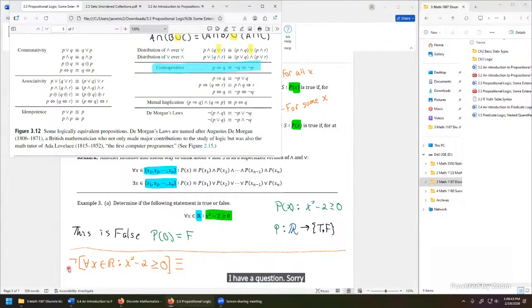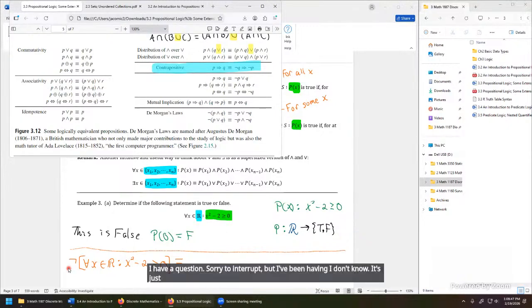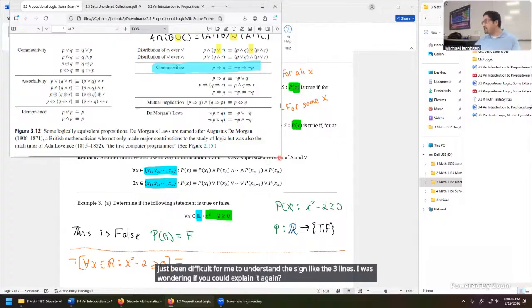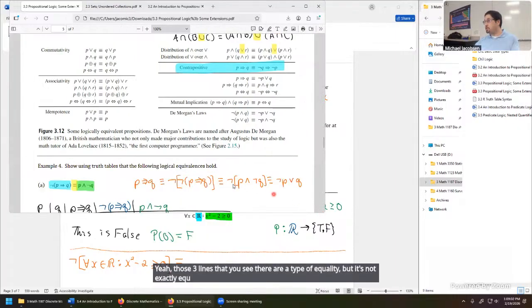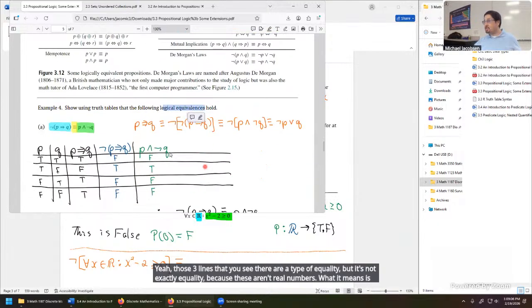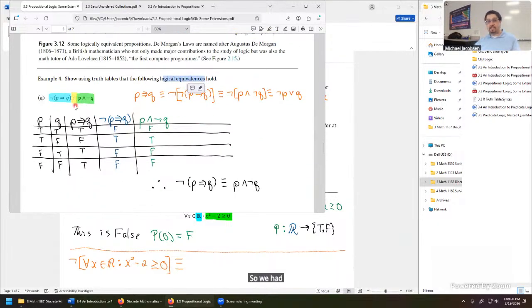Sorry to interrupt, but it's just been difficult for me to understand the sign, like the three lines. I was wondering if you could explain it again. Yeah, those 3 lines that you see there are a type of equality, but it's not exactly equality because these aren't real numbers. What it means is logical equivalence. So we had 3 lines right here on this example.